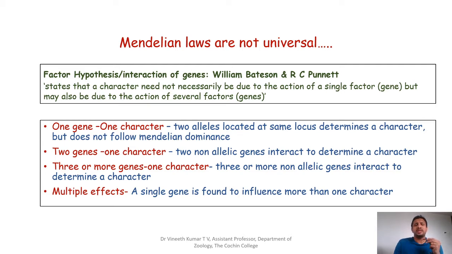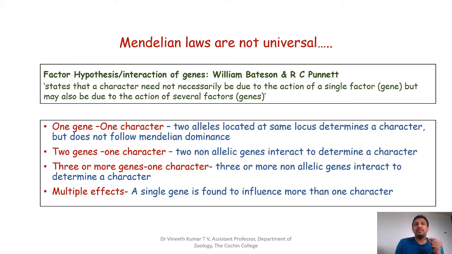As suggested by Mendel, it was controlled by two alleles, but here they say that in some other plants or organisms, it was proved that the production of a particular color, or a particular pigment, is controlled by non-allelic genes. That means non-allelic genes interact together.